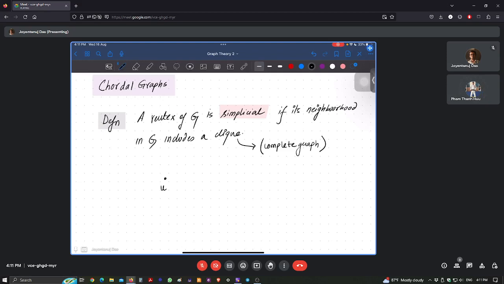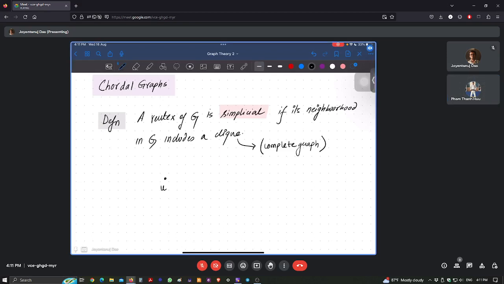If we restrict to that subgraph, every vertex is connected to every vertex. K_n is a complete graph, but if it occurs as a subgraph, then it is a clique.